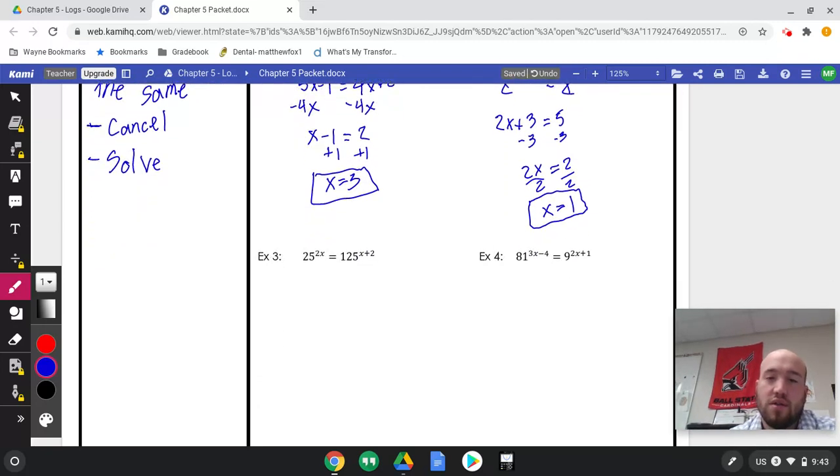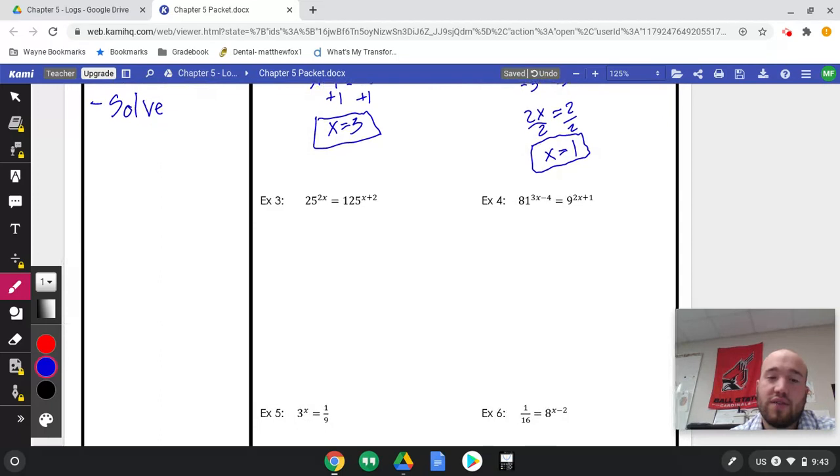All right, so sometimes we're going to have to manipulate both sides, or we're going to manipulate it and there's still going to be something up there. That's okay. Right here, 25 and 125, we can get both of these to have a base of 5. On the left side, I'm going to do 5 raised to the second.